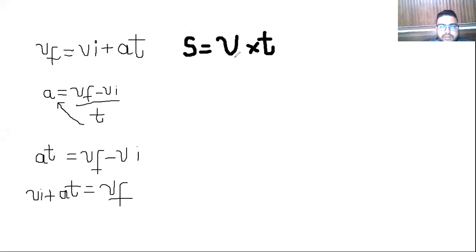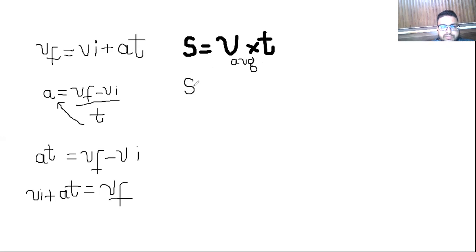Here we are taking the average velocity. Why are we taking average velocity rather than simple velocity? Because we are dealing with two velocities here, which means we have initial velocity and final velocity. So this is the simple formula of displacement, but here we are using the average velocity.